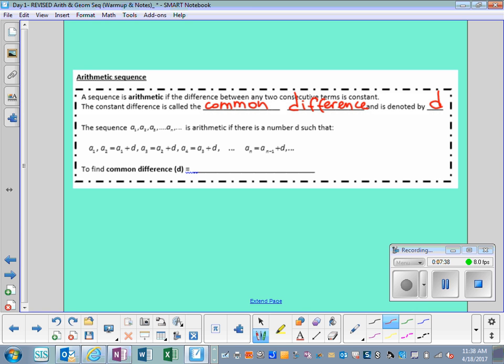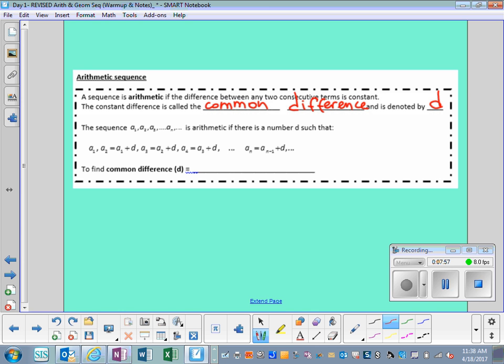So the sequence A1, A2, A3, and so on, AN, and so on, is arithmetic if there is a number D such that A2 equals A1 plus D, A3 equals A2 plus D, A4 equals A3 plus D, and so on.